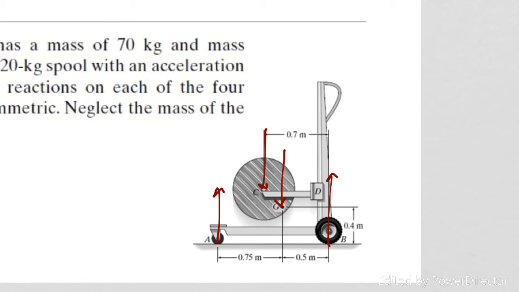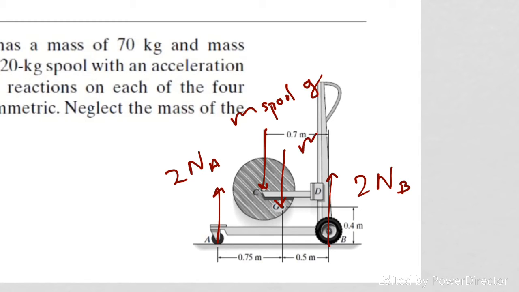Okay, so 2 and A, then 2 and B, then the M spool times G, M, that's my lift truck, times G. So if I pin at B, definitely all the force at that point will be out of the picture. I pin here.